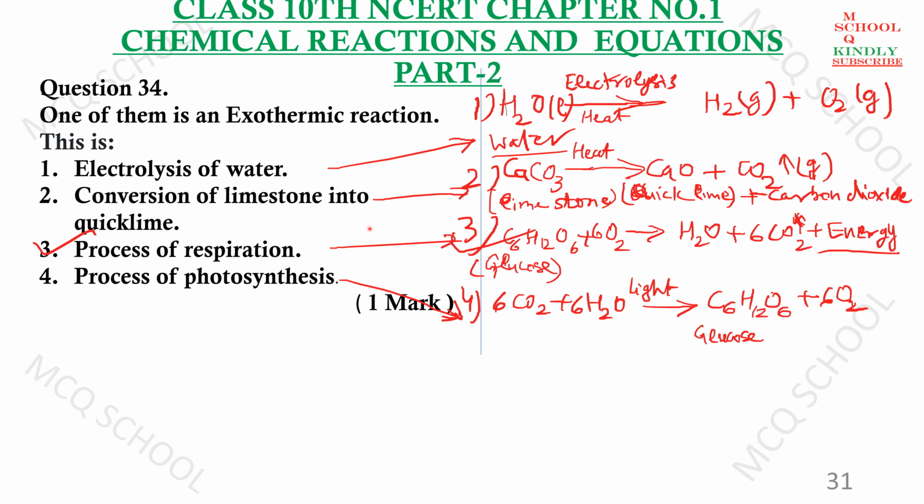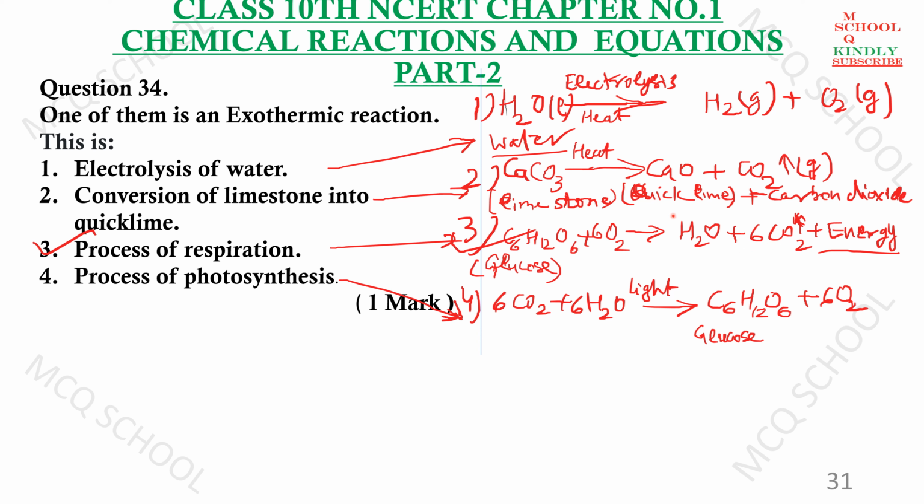In the case of electrolysis of water, water converts to hydrogen and oxygen. So in this there is no heat generation as such. Conversion of the limestone into quicklime, in this heat is taken to convert to quicklime and carbon dioxide.